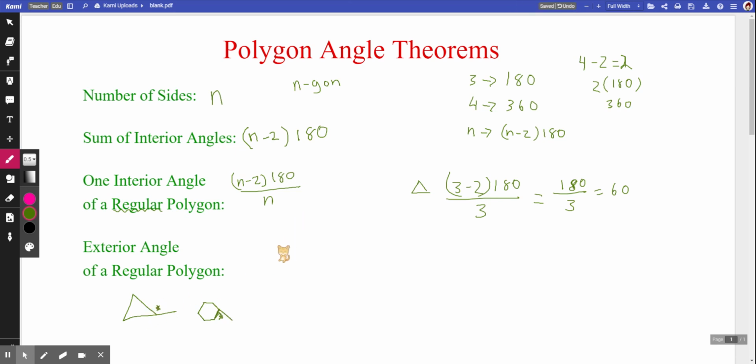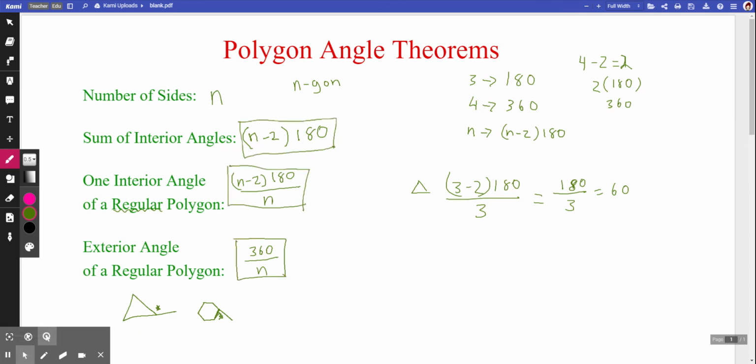So it's 180 minus this formula, but it works out much more simply because when you simplify everything, it turns out it's just 360 divided by n. So it's a little easier to remember this than it is to work out this and subtract. So these are the formulas that you need to know about polygon angles.